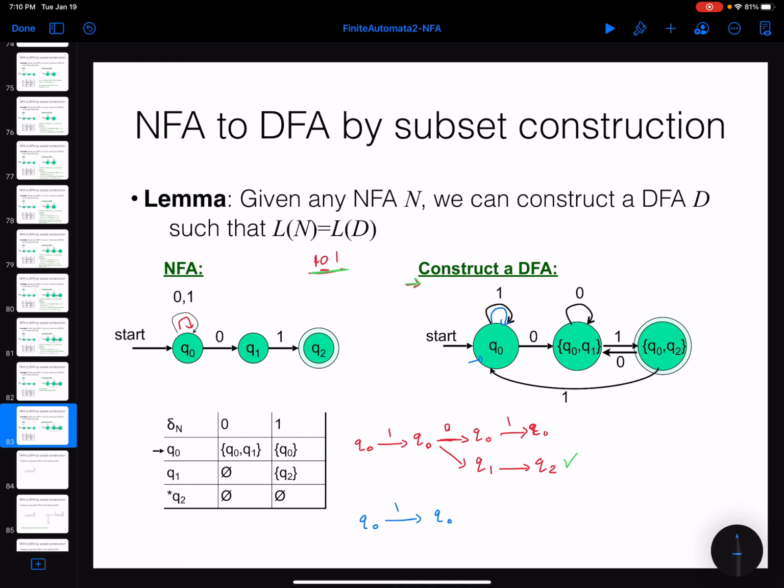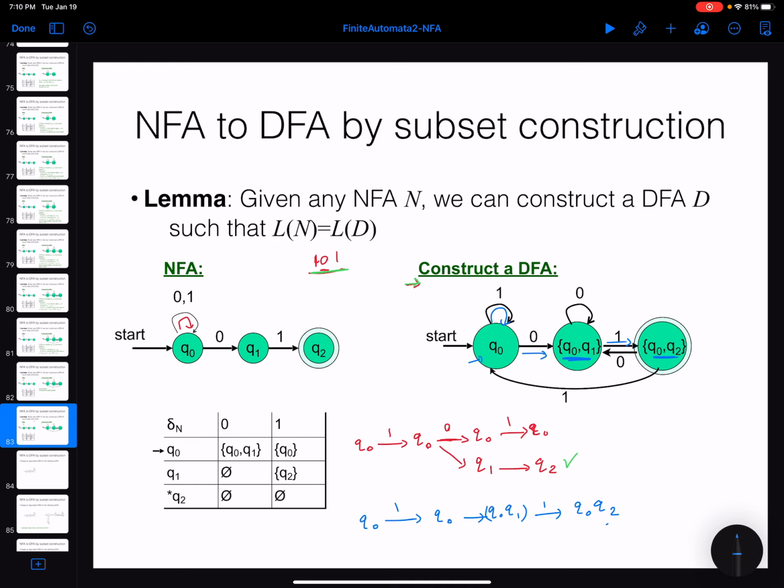By seeing a 0, you will move to this state, which is Q0, Q1, right? This is the state that you have. And then by seeing a 1, you will go to this state, Q0, Q2.